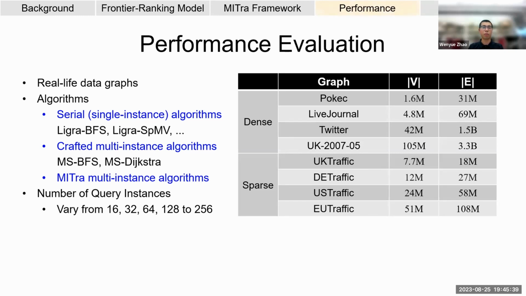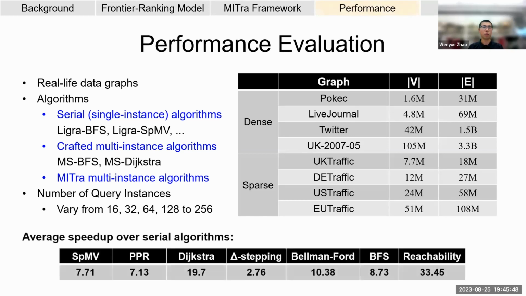We vary the number of query instances from 16 to 256. On average, Mitra achieves an order of magnitude speedup over serial algorithms.